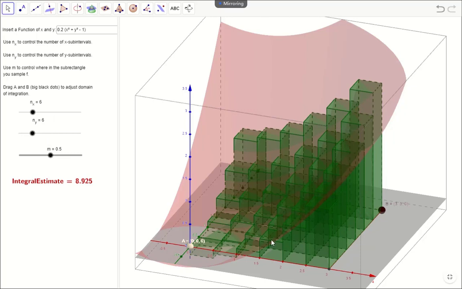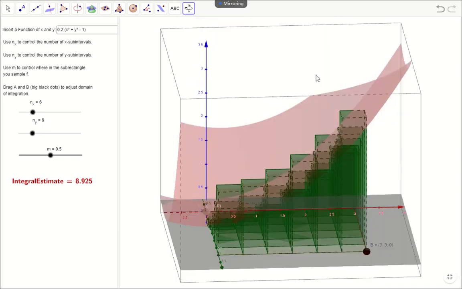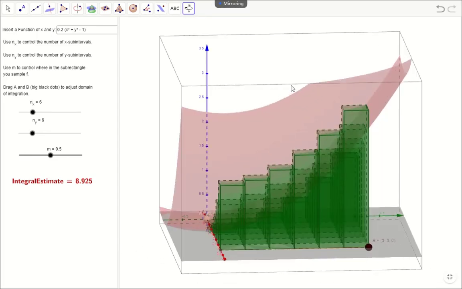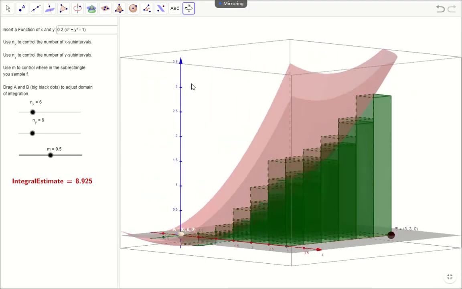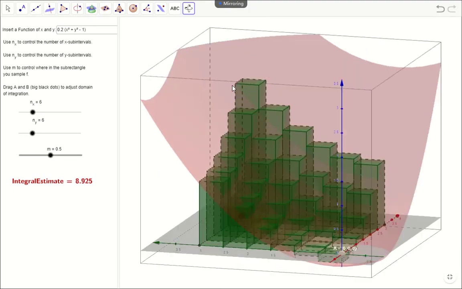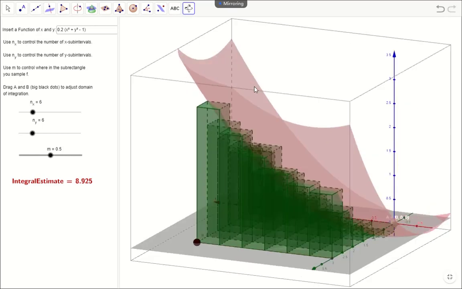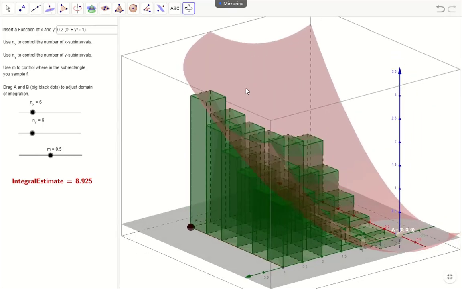Okay, so what we're looking at here is we've got this red surface. Let me see if I can rotate it. Yeah, okay. We've got this red surface that lives mostly above the XY plane, right? And if I wanted to approximate the volume that was bounded in between the XY plane and the red surface, it's a really strange shape of a solid.